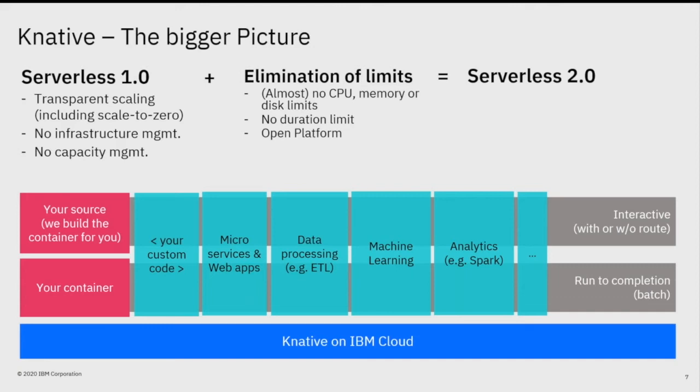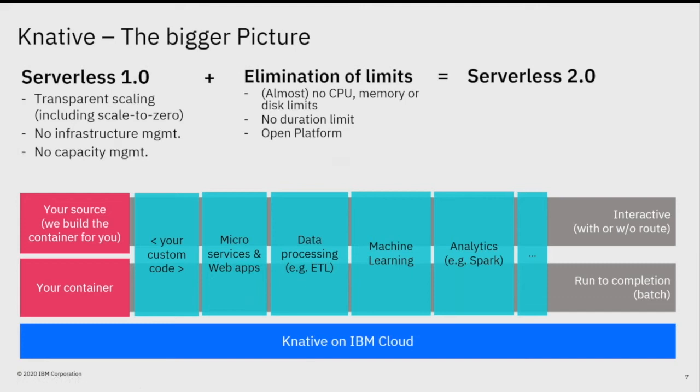While they were good and provided a lot of benefits for organizations, there are a number of problems with using the legacy serverless infrastructure. These are called out on this slide as the elimination of the limits.